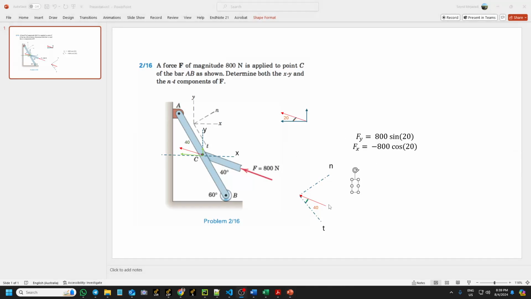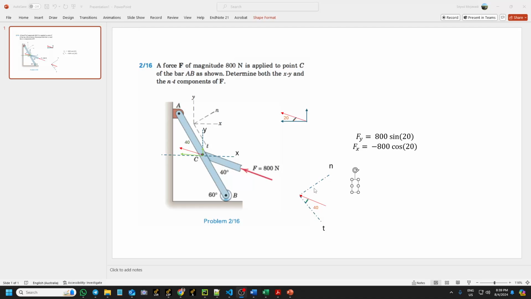Now let us go to the next part. Here is 40 degrees. So Ft will be F, which is 800, multiplied by the direction cosine, cosine of 40, but since it is in the negative direction, it will be negative.